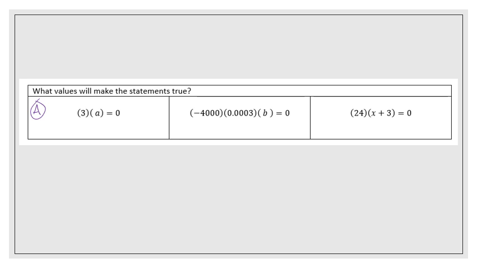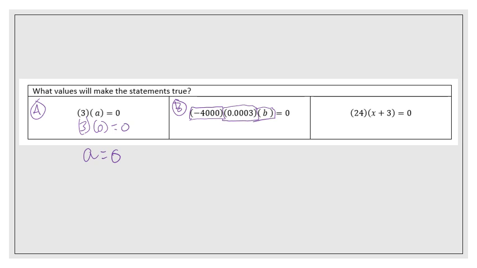We have 3 times some unknown quantity A, and that product is 0. So what do you have to multiply 3 by to get 0? Well, 3 times 0 will give me 0, so A has to equal 0. And let's look at example B, the middle one. In this one, I have 3 factors, and factors are quantities that you're multiplying together.